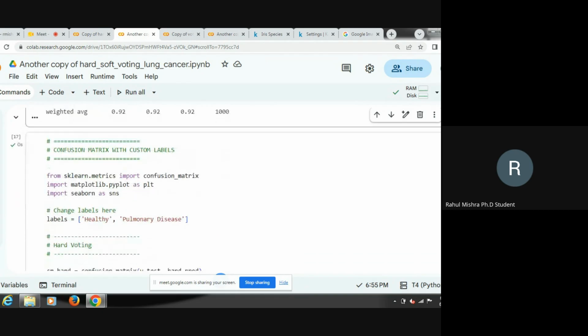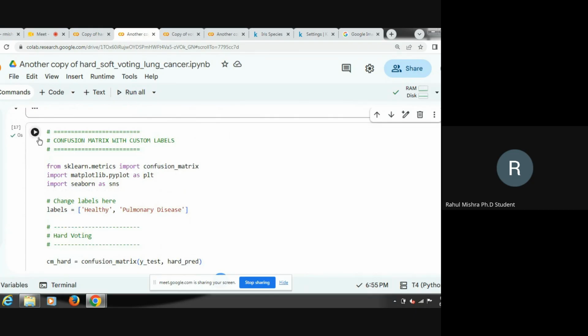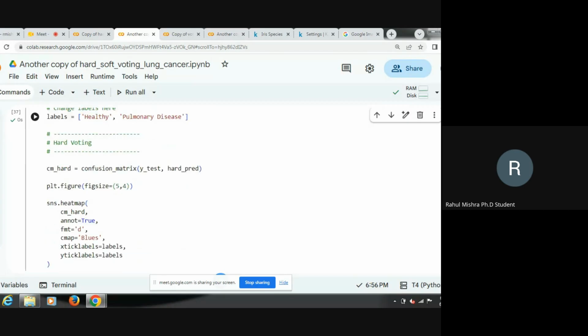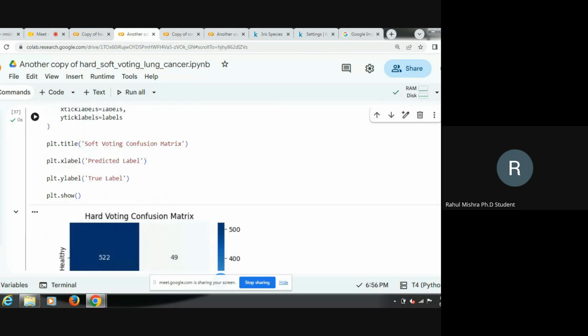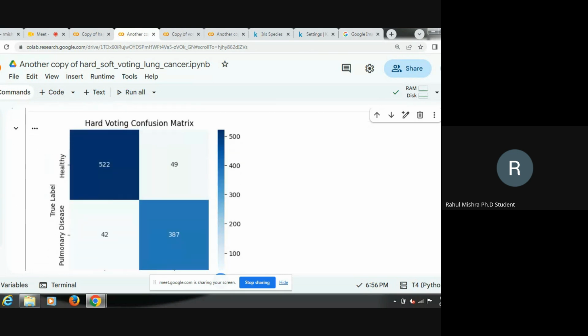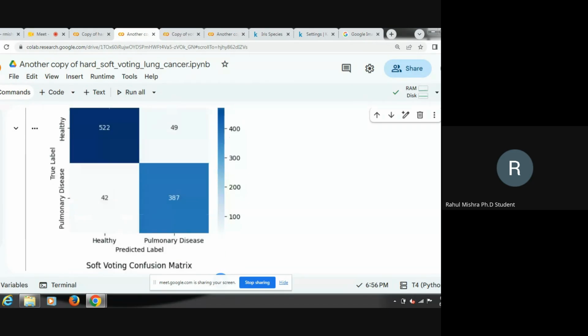And then we are using the confusion matrix to find out what the results of the model are related to soft voting and hard voting as well. So this is the confusion matrix for hard voting, in which it is saying healthy cases 522, and it is predicted healthy 49, but it is pulmonary disease.